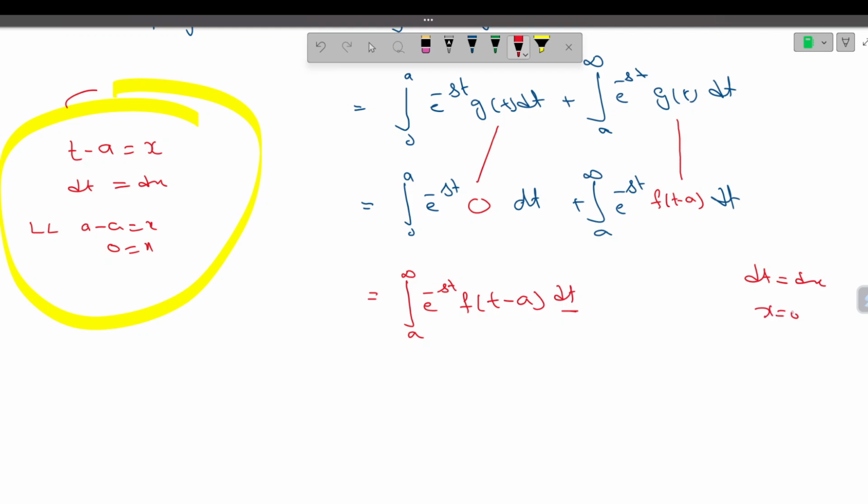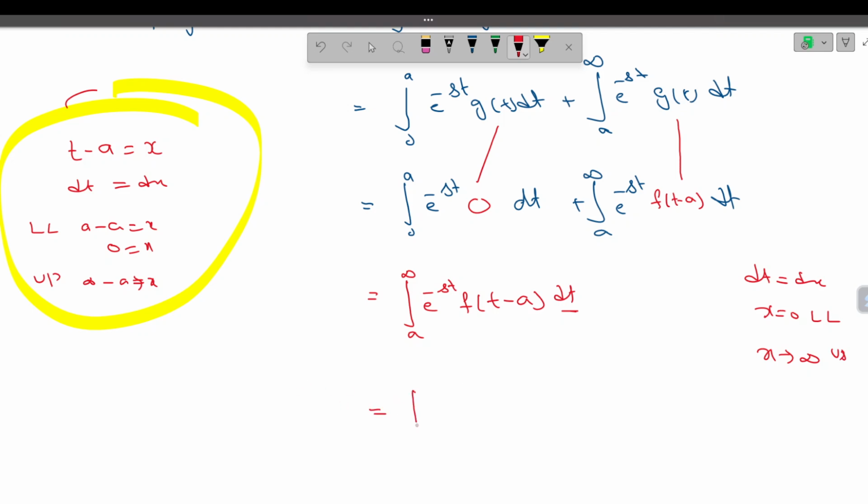So the lower limit is 0. For the upper limit, t equals infinity, and infinity minus a is infinity, so x tends to infinity.